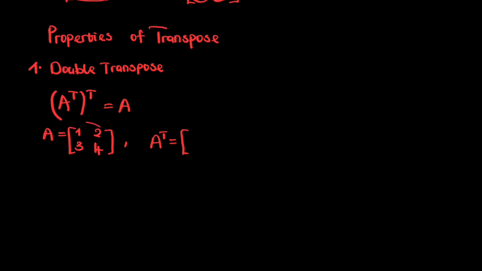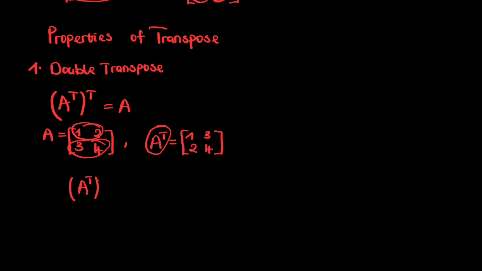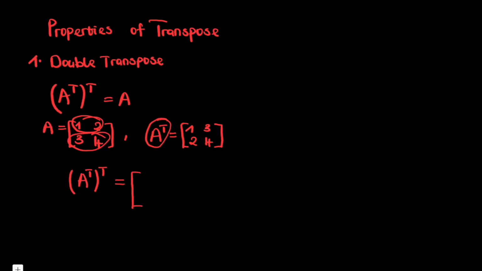So the transpose of this matrix: the first row becomes the first column, that is 1 and 2. The second row becomes the second column, which is 3 and 4. So that is the transpose. This property says if I transpose this again, then I would have the original matrix. So let's see. If I take the transpose of that matrix, remember the rows become the columns.